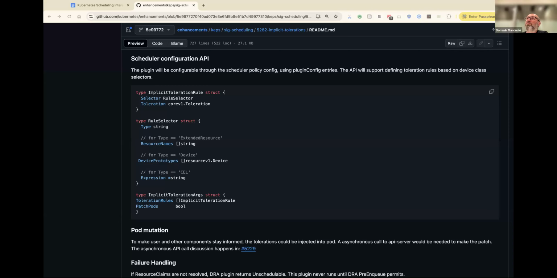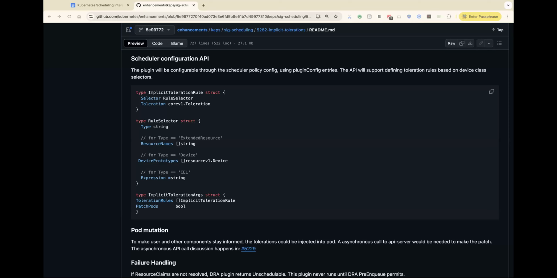I wondered whether we could make it a part of the taint and toleration plugin. But if we do it during filtering, on one hand, we could do implicit toleration in this way, but I think it would be pretty hard to describe what the criteria for tolerating are.